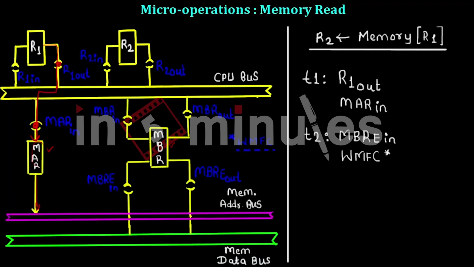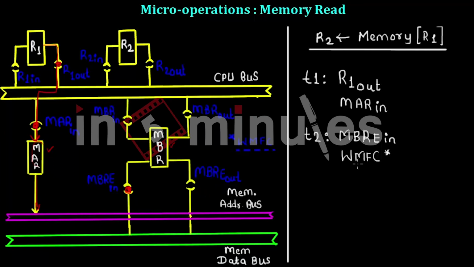In the next T state, we want to activate the MBR in signal and the other signal we talked about before, the WMFC control signal. So what does this control signal do? Note here that external memories are often slower than the processor speed.